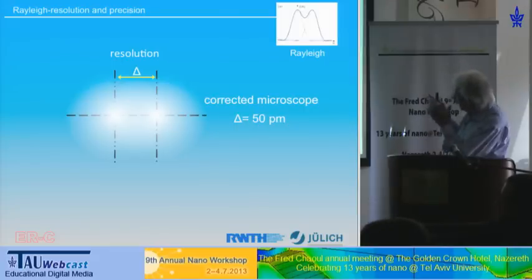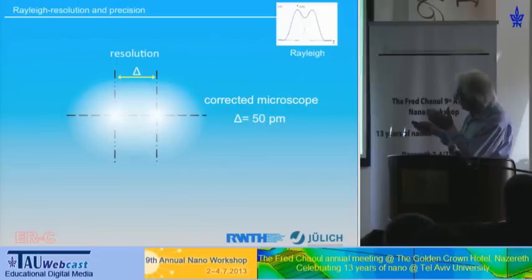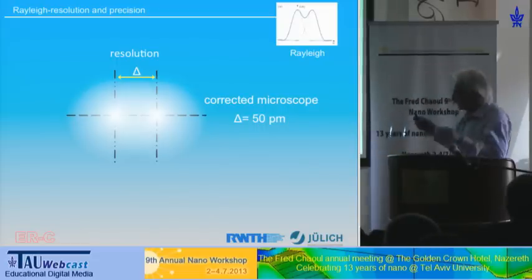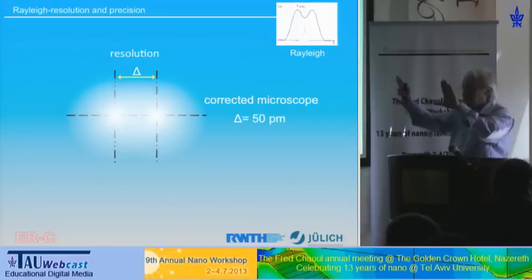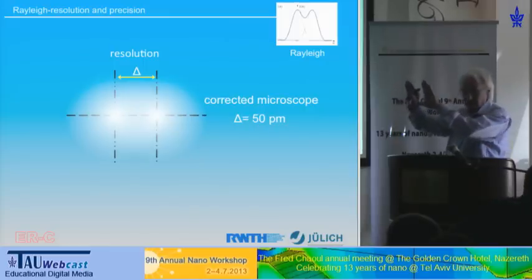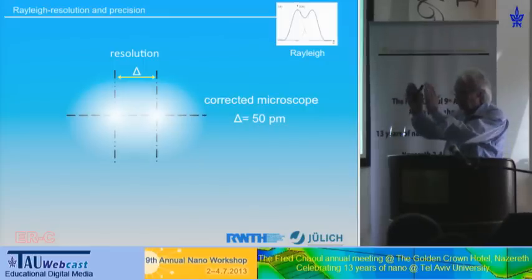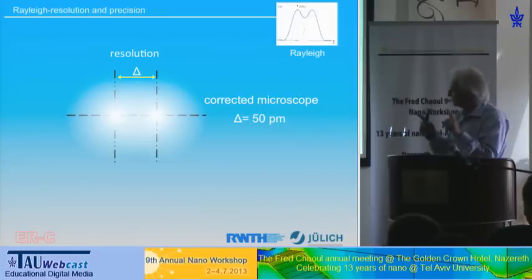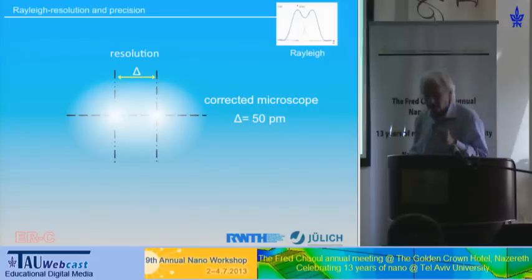So when we have two overlapping contrast maxima, in this case of atoms, then the resolution is defined by the minimum distance with which we still can see these two contrasts separated. And this resolution is about 50 picometers today.